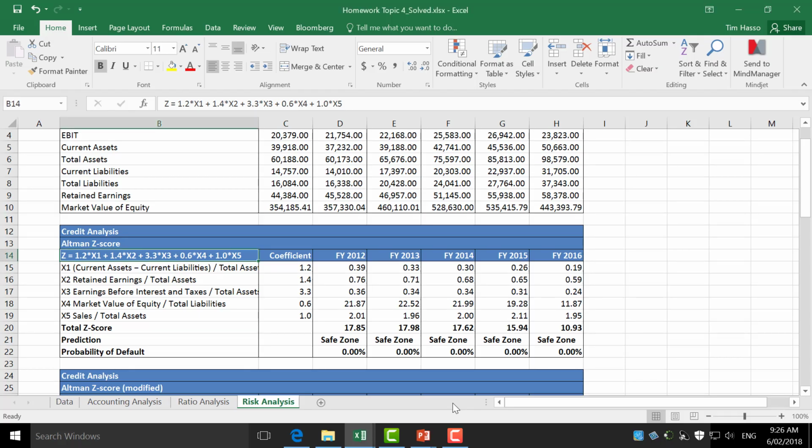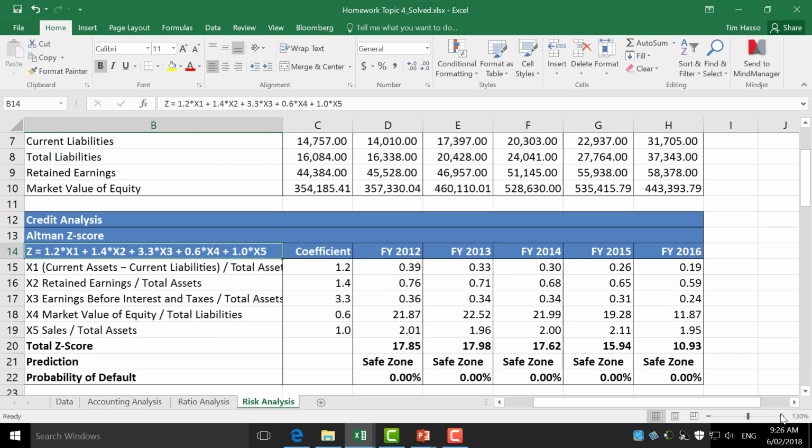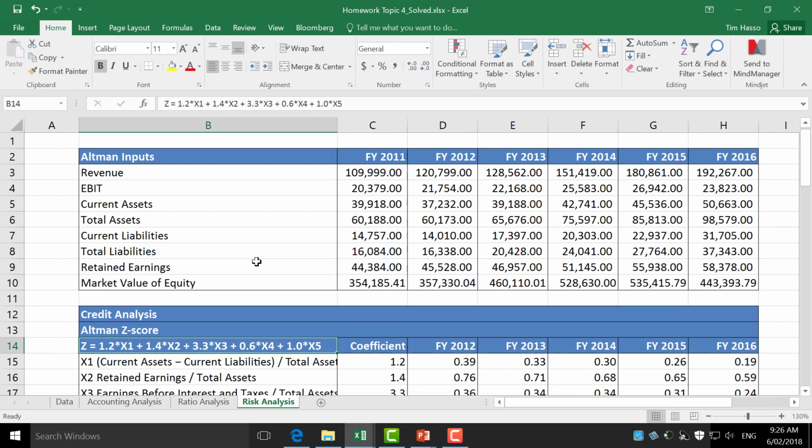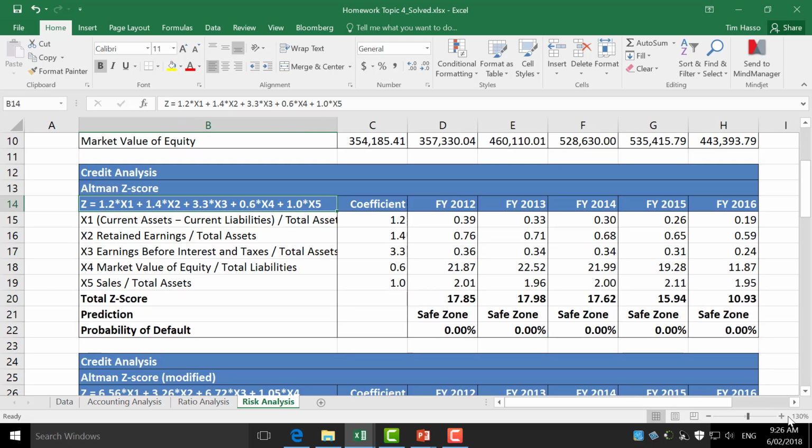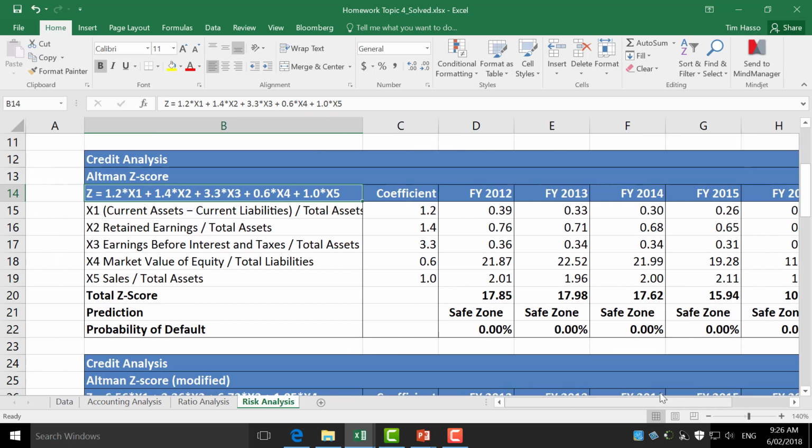But for this homework, for example, what you're doing is estimating the probability of bankruptcy, or at least that's the first thing that you're doing for this week's homework, the probability of default for H&L. The way that this model works is that it is a quantitative model.